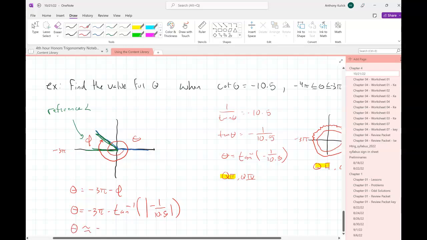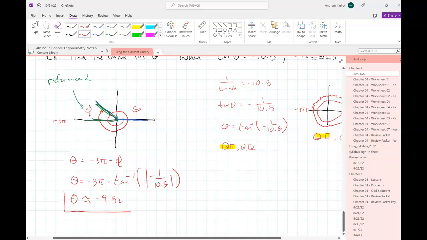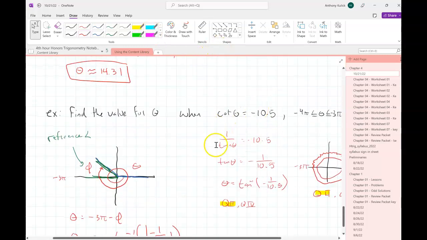So when you do the tangent of the final answer, like negative 9.52, then it should equal the negative 10.5. I did this is what I checked with: 1 over tan. Because I could have done this, but I don't know what negative 1 over 10.5 looks like immediately.